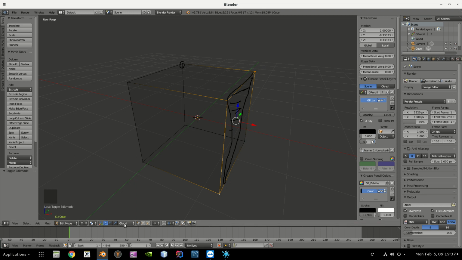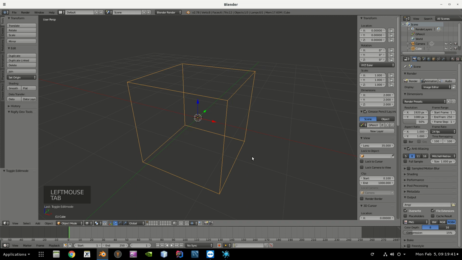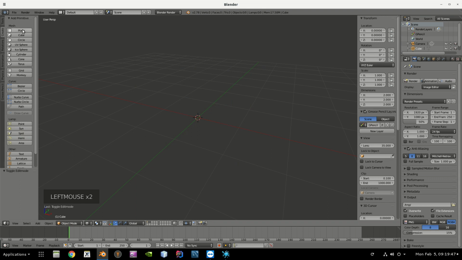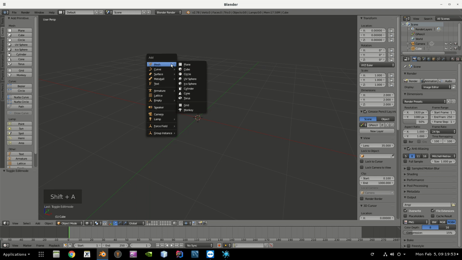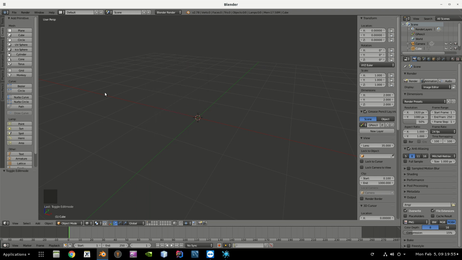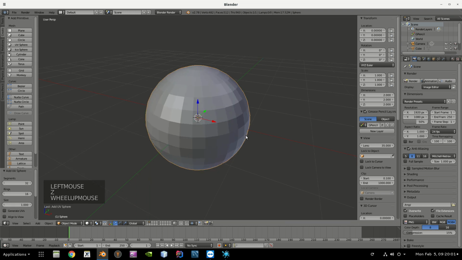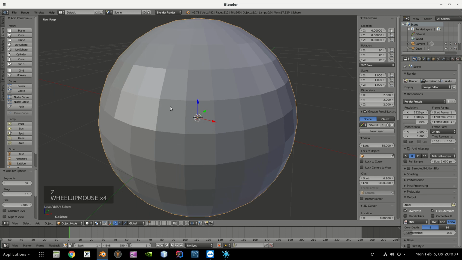Excuse me. Let me switch to another tab and add a new object. If you go into the Create tab, there are all these options. You can also press Shift A to bring out the shortcut to add a new object over here. See, we got UV spheres. This is a sphere, but this is not really a ball.